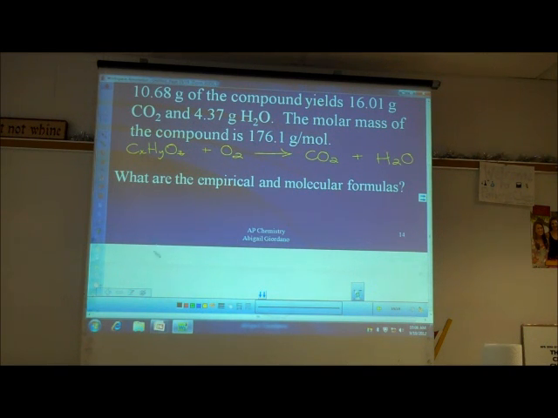Whether you have or haven't, I'm showing it to you now. I have a mass of CO2. And I need to get to moles of just C, not CO2. And this is how I'm going to do it.